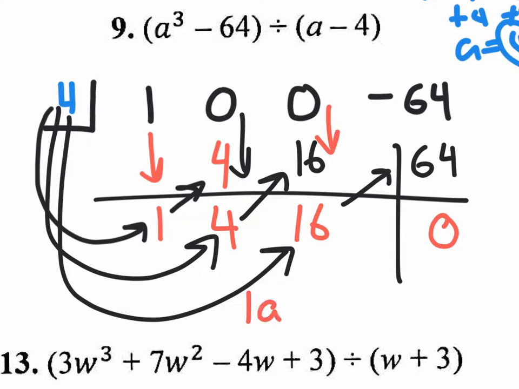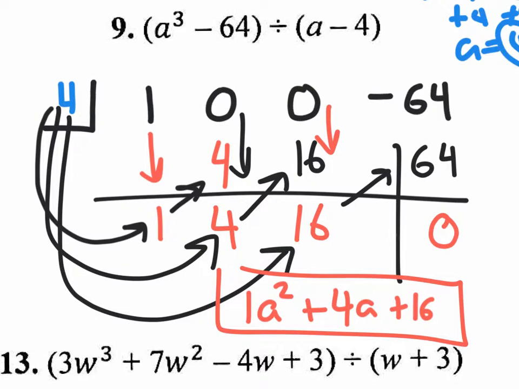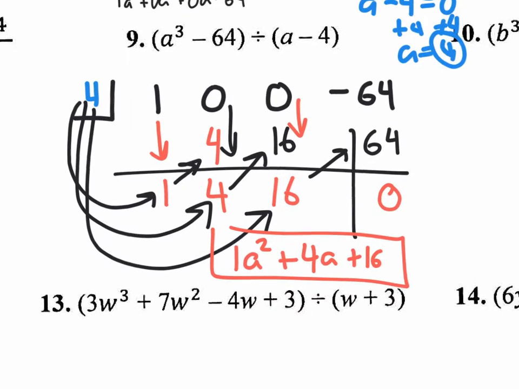I messed up. 1 a to the second, thank you. Plus, because that's a positive 4a, and then plus 16. Okay? So there's my answer. I do not have a remainder. It's just a quadratic trinomial. Let's do a couple more.